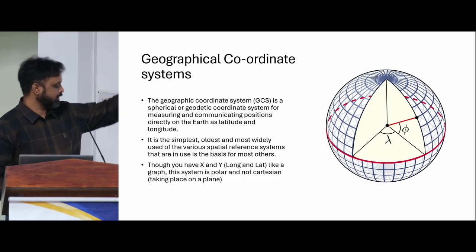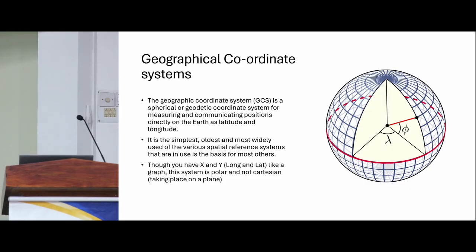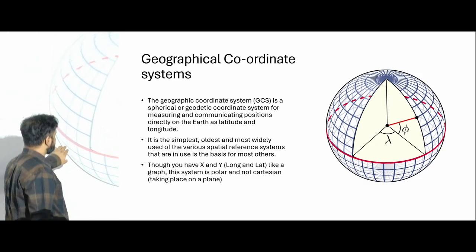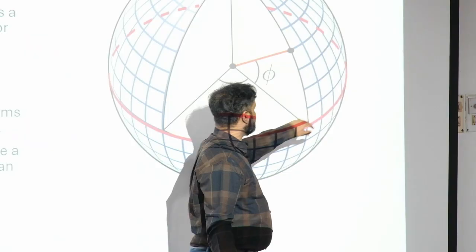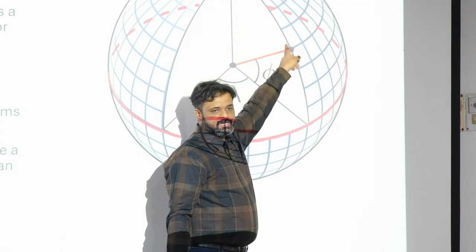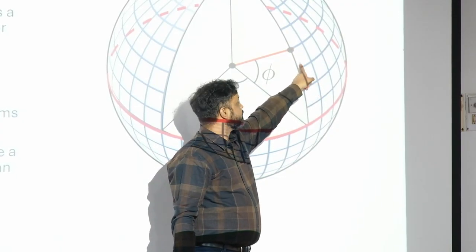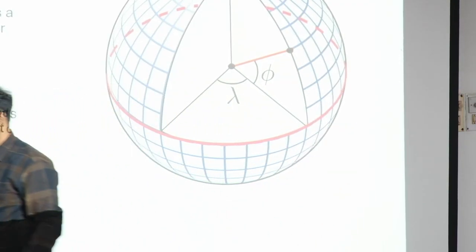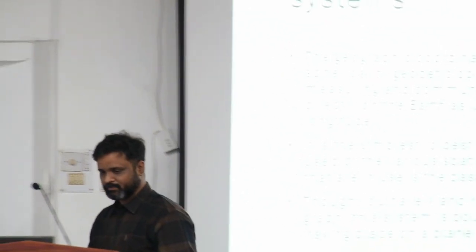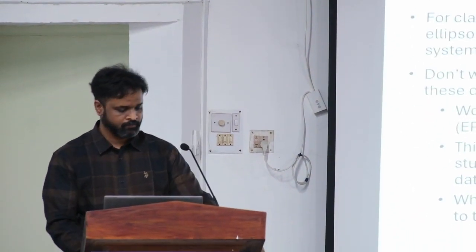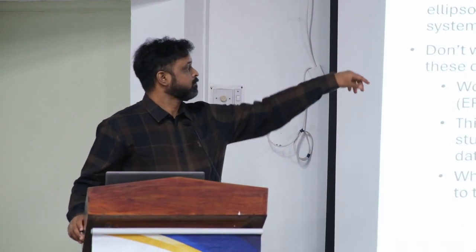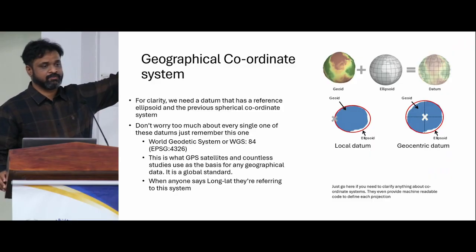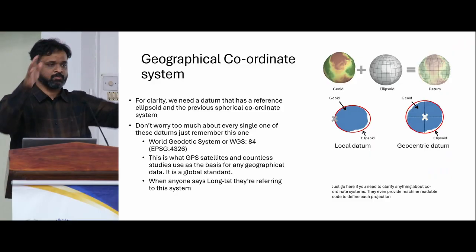So it looks like this. The problem that arises is that the Earth is not a perfect sphere. In fact, if you look at it from space, if you took away the atmosphere, it is actually smoothing it out quite a bit.